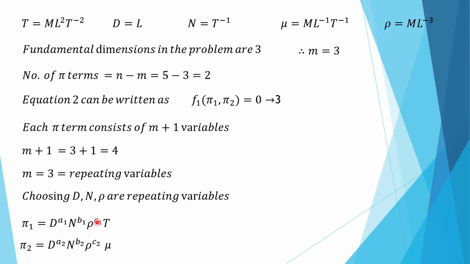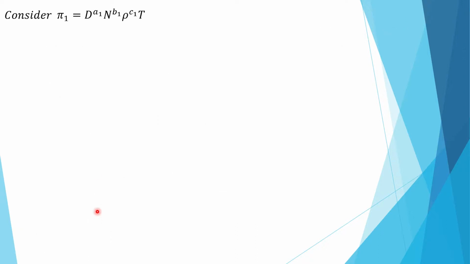First we will consider the first pi term. Now pi is a non-dimensional number, it doesn't have any units. You can write M0 L0 T0 for pi 1. d is L power a1 and substitute the dimensions of n, rho and T in the form of MLT.